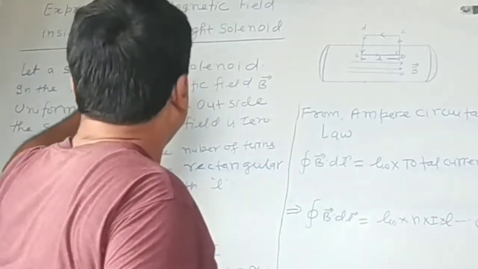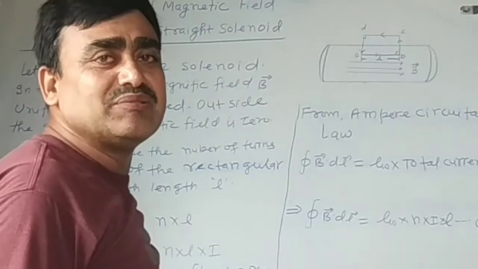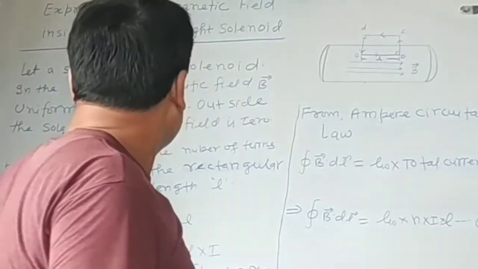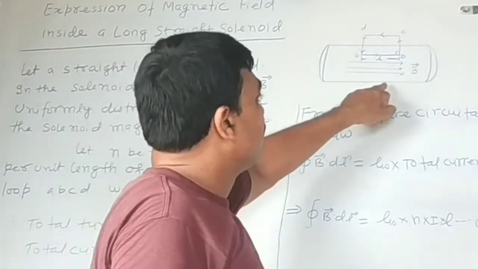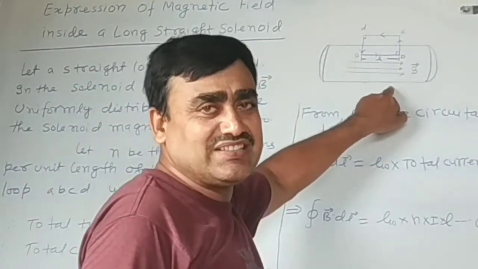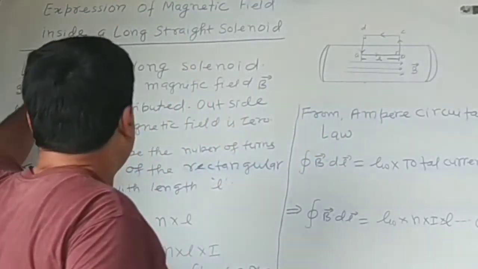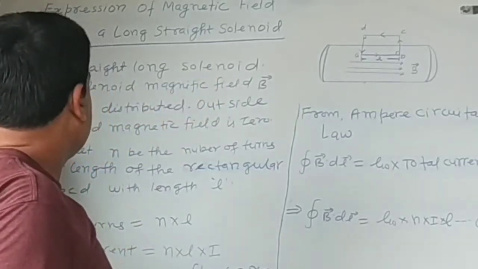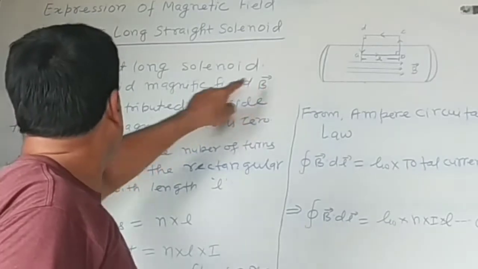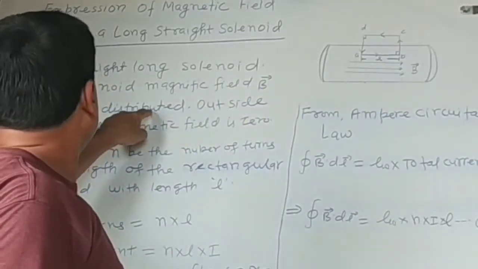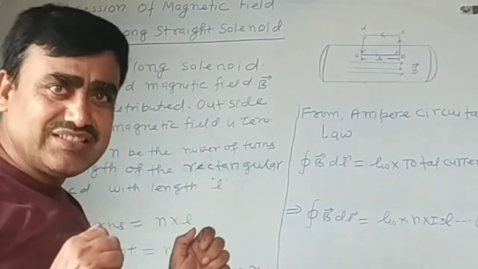What is the magnetic field due to the solenoid? For this, we assume a long solenoid. Let a straight long solenoid. In the solenoid, the magnetic field is uniformly distributed inside.